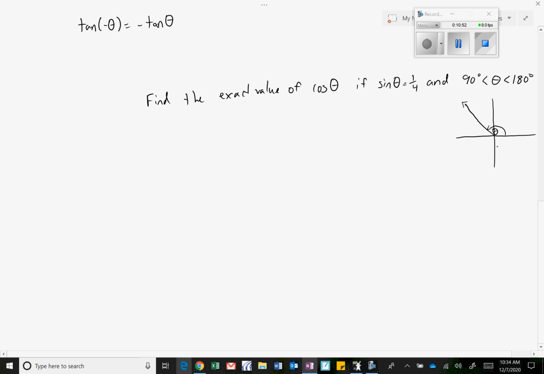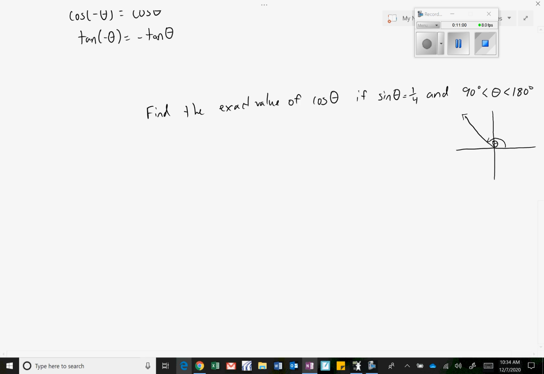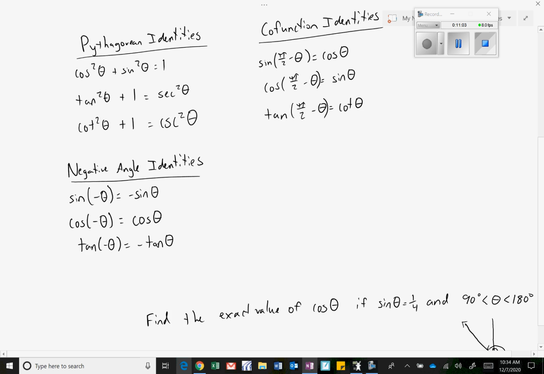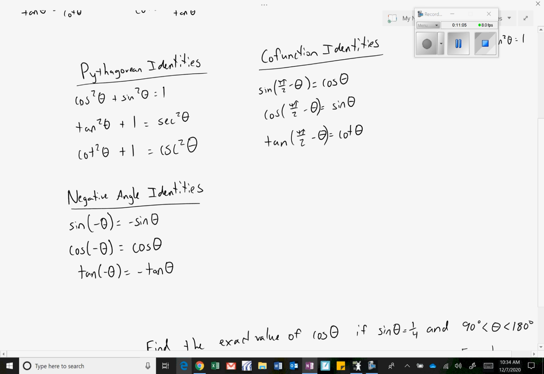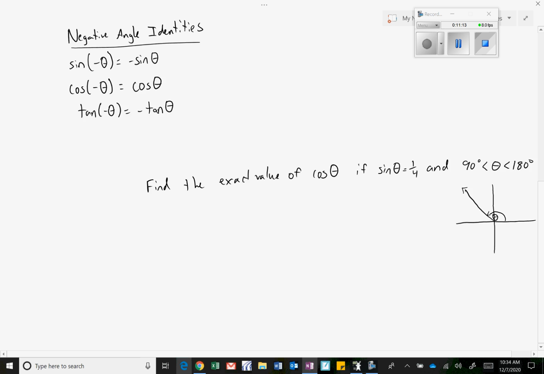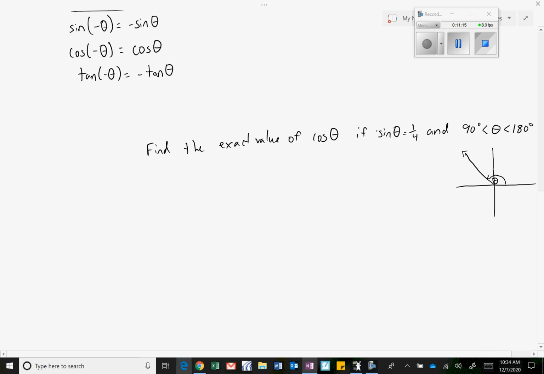So let's see here. I'm given that the sine of theta is 1/4, and I need to find cosine of theta. Okay. So if we look back at our Pythagorean identities up here, this top Pythagorean identity is the cosine squared of theta plus the sine squared of theta equals 1. Okay. So down here, I'm given that the sine of theta is 1/4.